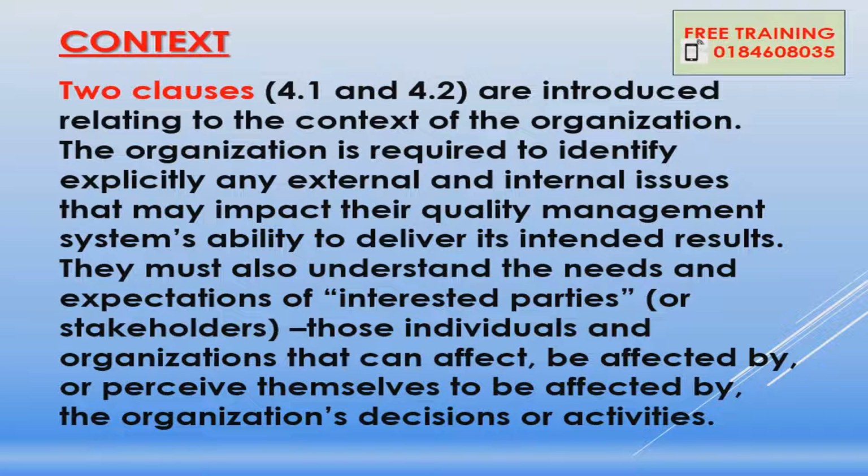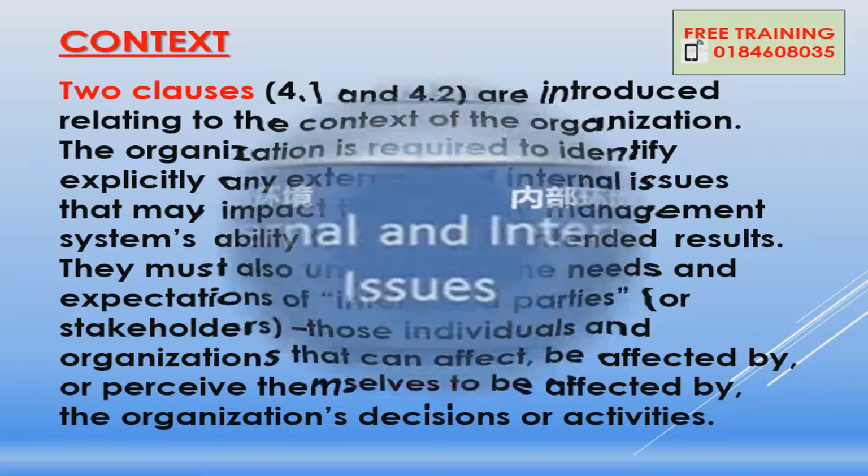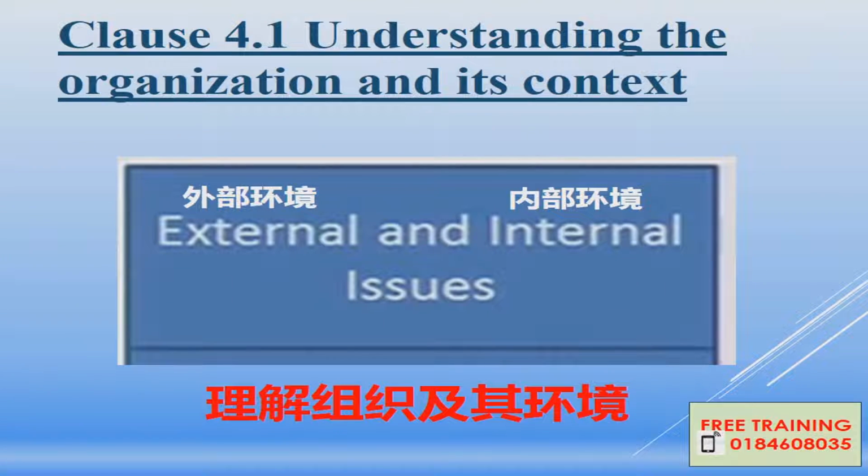So you kena faham interested party. Interested party ini ialah yang secara langsung ada impact dengan syarikat kamu. So it's those individuals and organizations that can be affected by, or perceive themselves to be affected by, the organization's decision or activities.